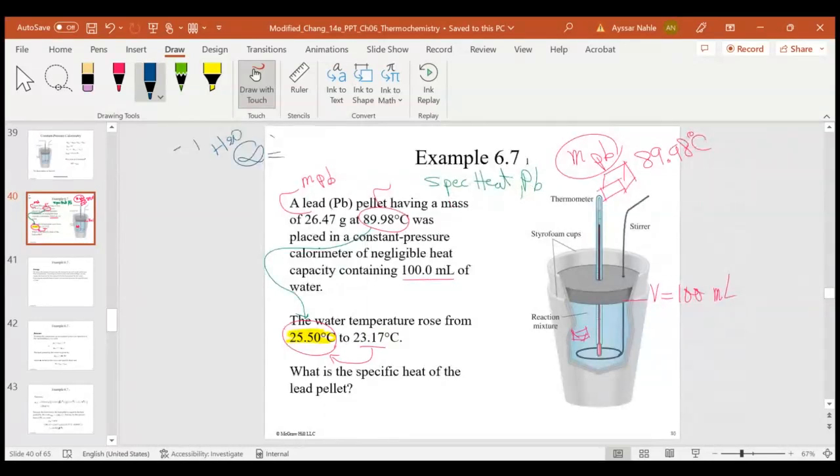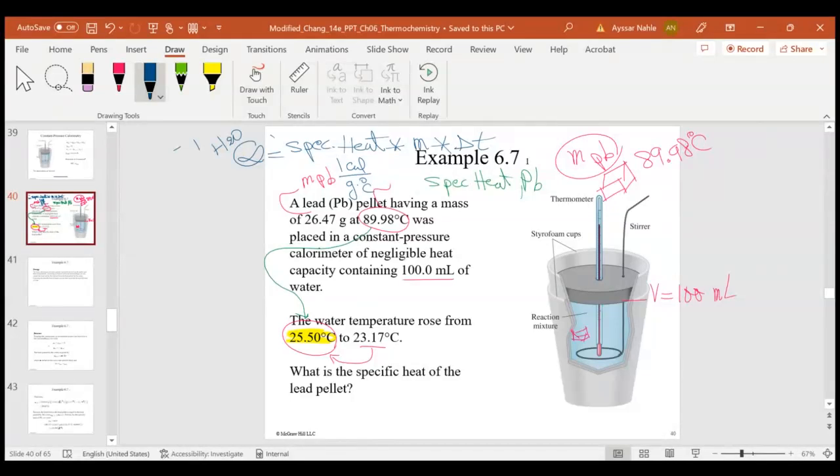The Q absorbed by the water will be equal to the specific heat of the water multiplied by mass multiplied by delta T. Am I right? Which means the specific heat is how much? 1 calorie per gram per degree Celsius, because it's pure water.